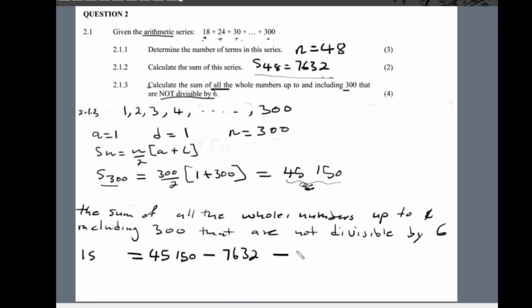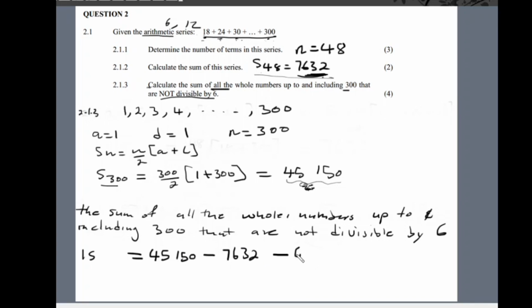And then minus, because with the original sequence these numbers are all divisible by 6, the numbers before these that are divisible by 6 are 6 and 12, right? So they are not included in this sum here. So we need to subtract them also from that 45,150.